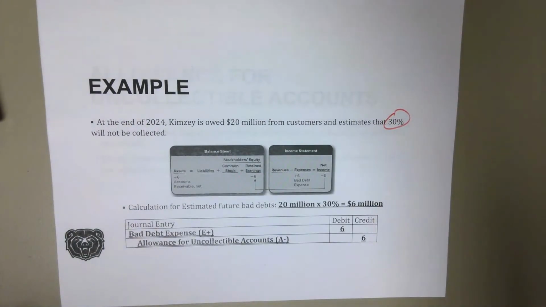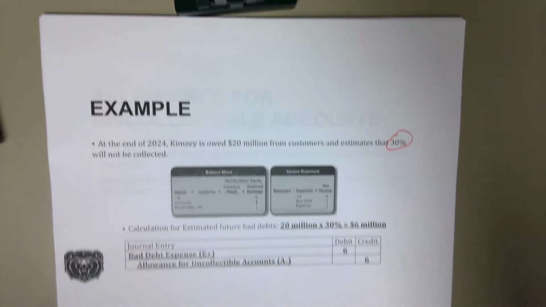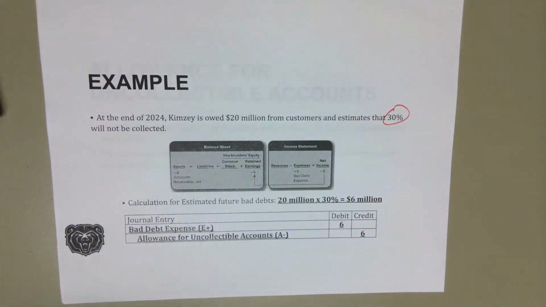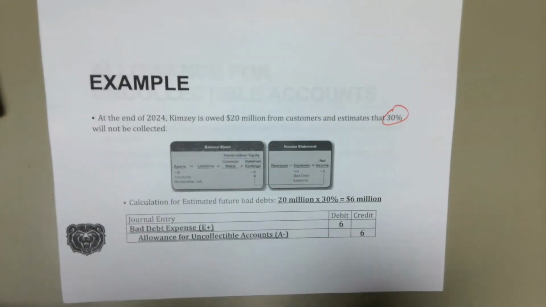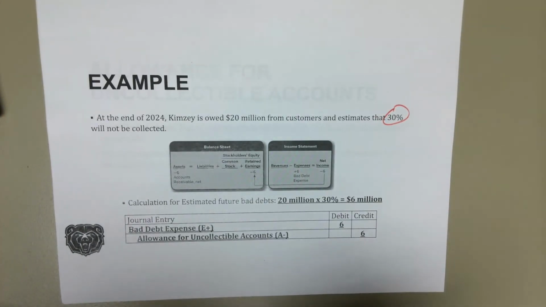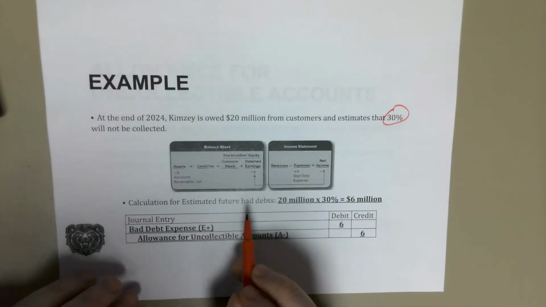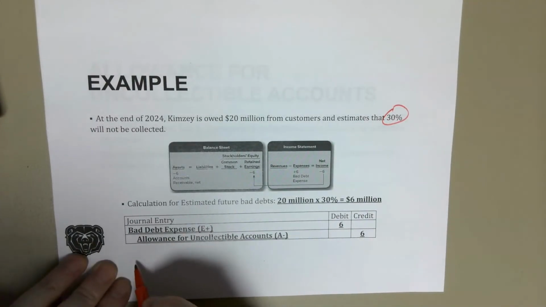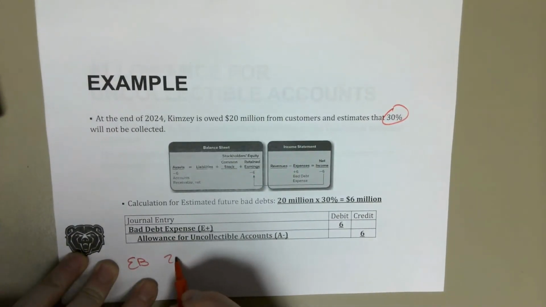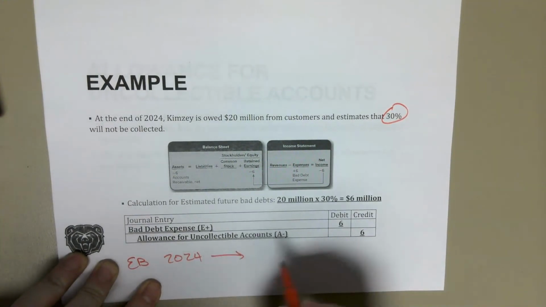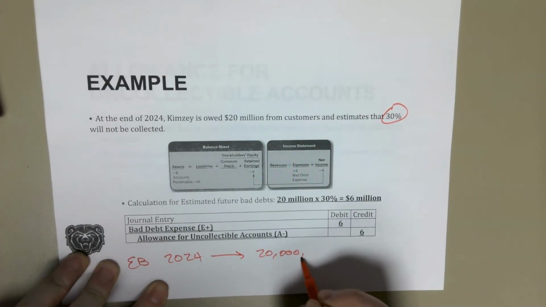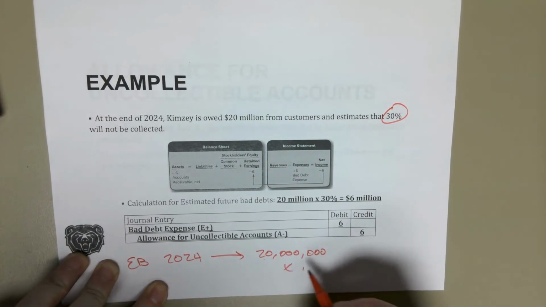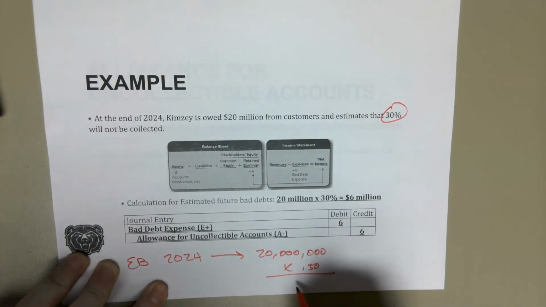Sorry, guys. So they're going to say that we expect that of the $20 million, 30% will not get collected. So the calculation, now this is at the end of 2024, right? So this is your ending balance of 2024. We say that's $20 million, right? We're going to multiply that times 30%. That's going to give us $6 million.